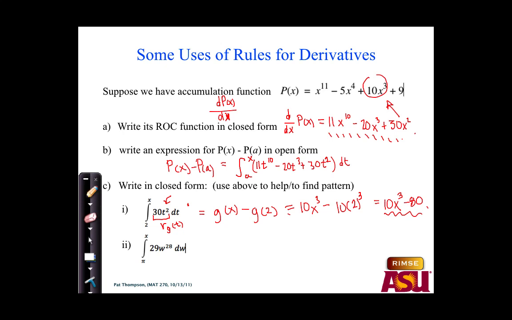Change colors here. So let me call this r sub f of w.